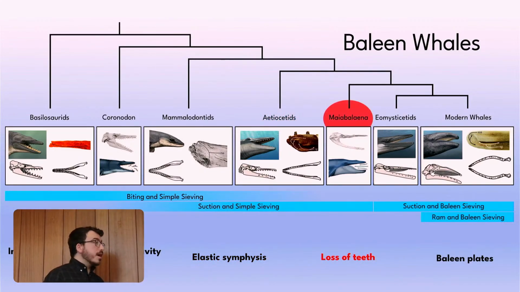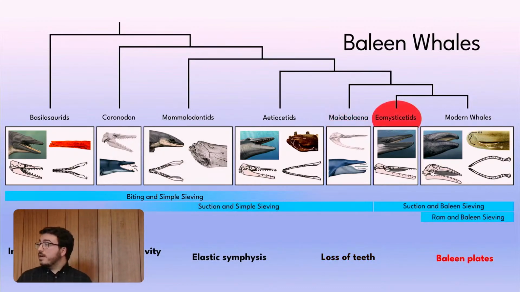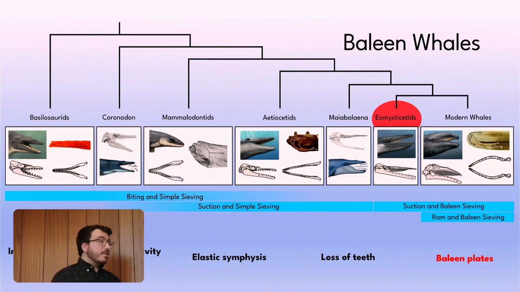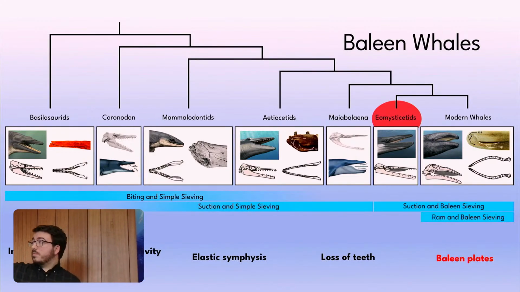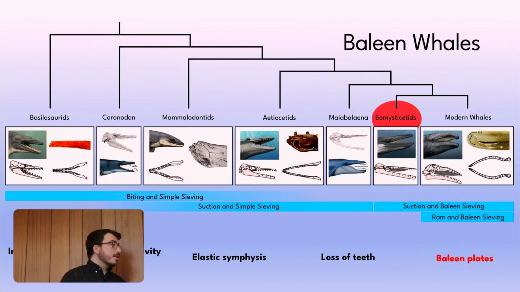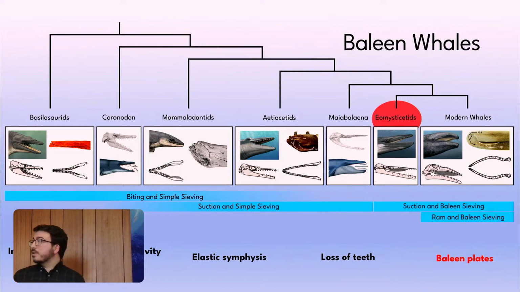Later on in the evolution with Mysticetes, they finally lose their teeth completely, and eventually with Eomysticetids, they gain baleen plates. And finally they're onto the modern baleen whale feeding mechanism with baleen filtering, baleen sieving.